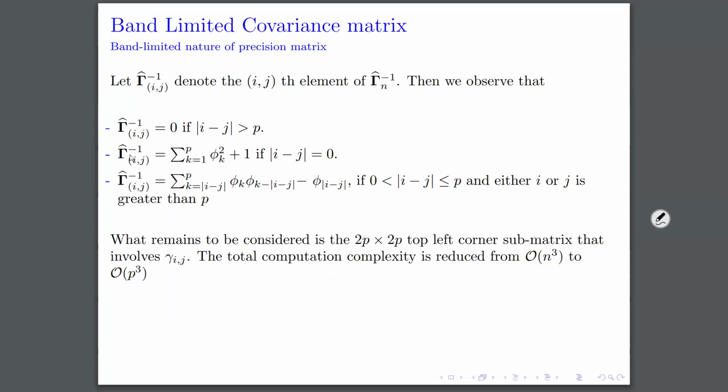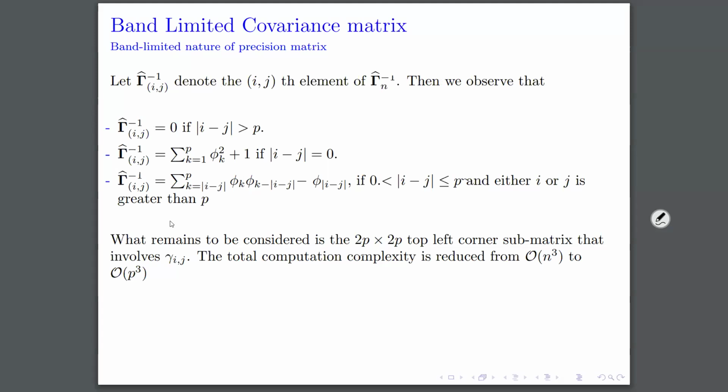For the diagonal entries, it will be equal to the summation of phi k squared from k equal to 1 to p plus 1. And for all the subdiagonal entries, it follows a little messy structure, but you can also calculate that using some kind of a loop in your programming language.